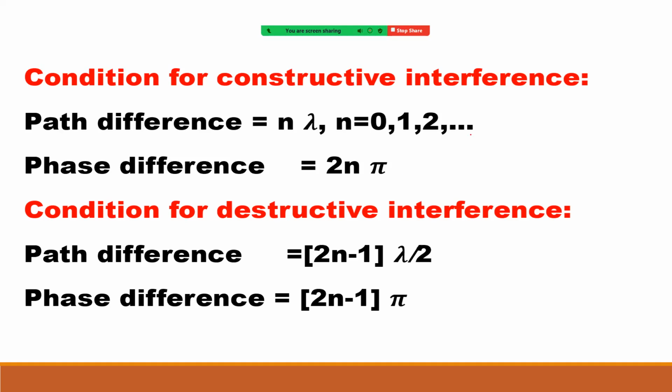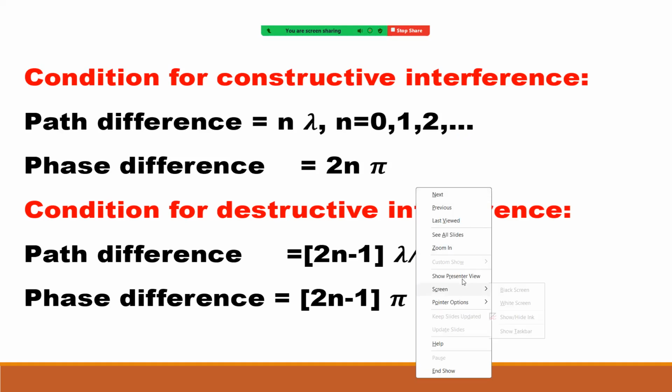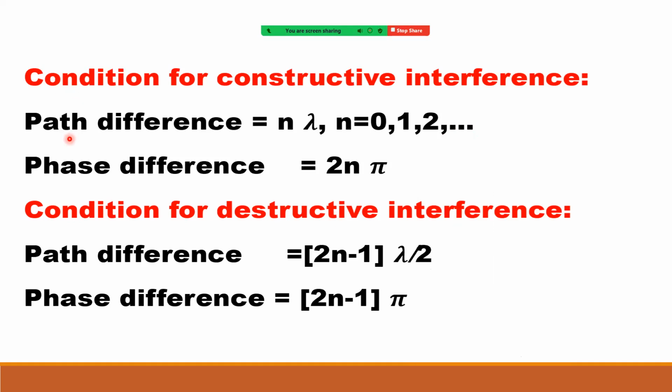Condition for constructive interference. Path difference: n lambda, where n equal to 0, 1, 2, 3 and so on. Phase difference: in the place of lambda, we have taken 2 pi. See carefully. So it is 2n pi. Okay.